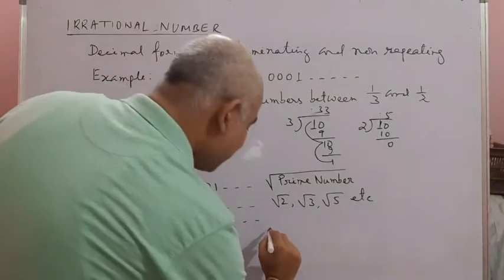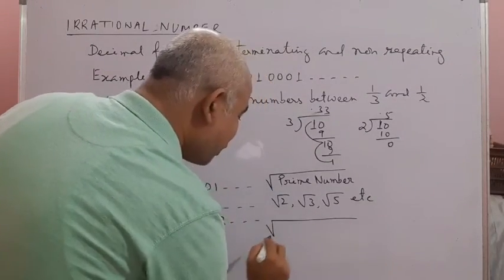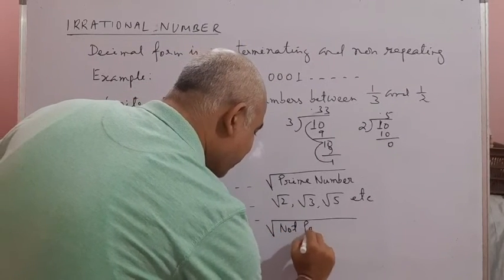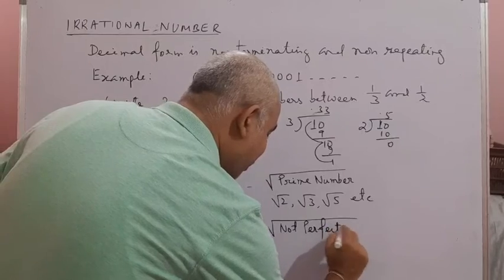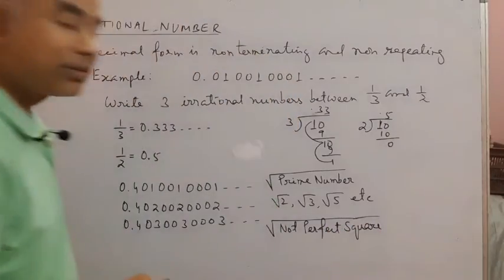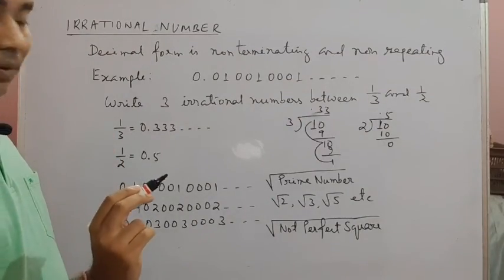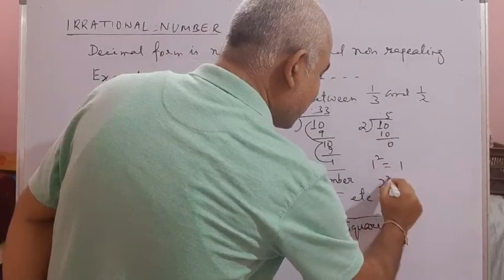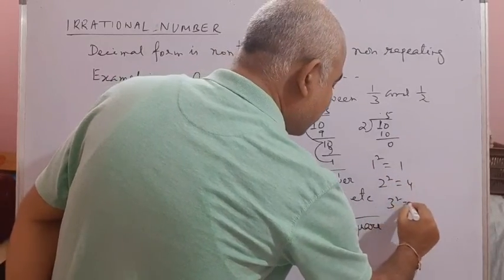Next, if you are to find the square root of a number which is not a perfect square, the number may be prime, may be composite, but it is not a perfect square. Perfect square means, say, square of 1 is 1, square of 2 is 4, square of 3 is 9.